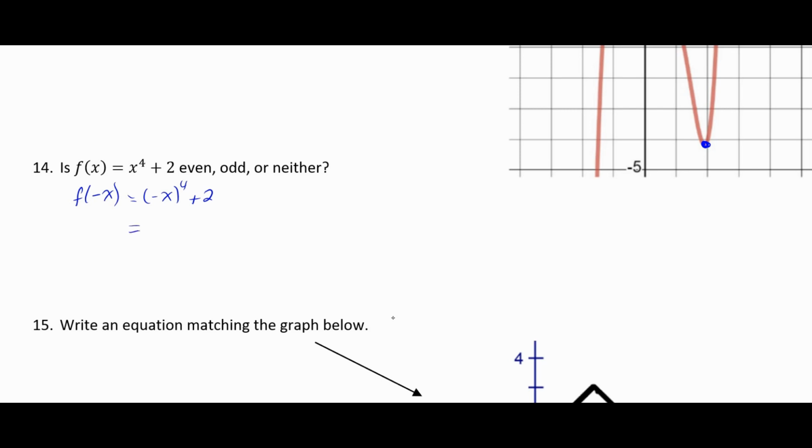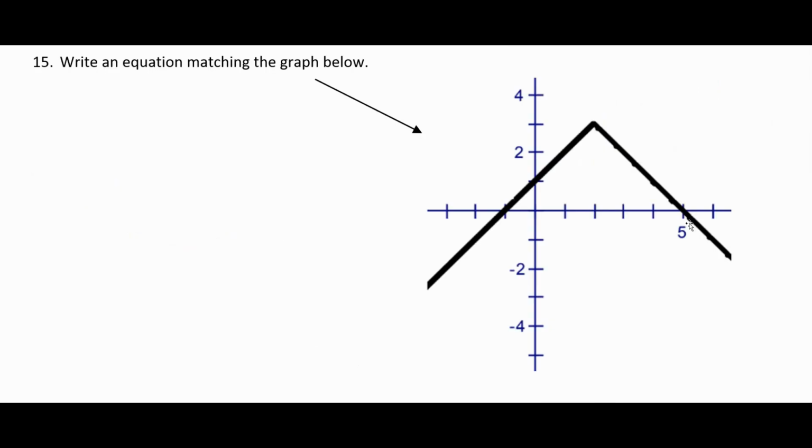So this is going to be equal to x to the 4th plus 2. Nothing is affecting that 2. So notice here that I have the exact same thing as the original f of x. So when I substitute in a negative x and I get the original y values out, that means this function is even, and this is the work that you must show.